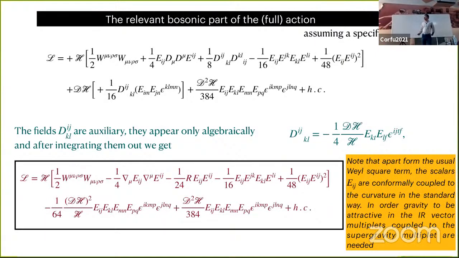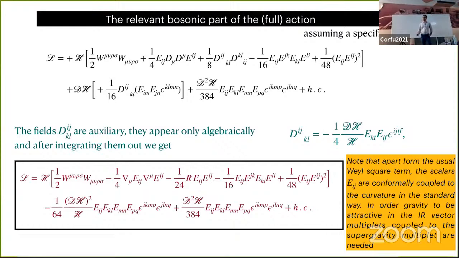Please also note another drawback of this theory: the Ricci scalar appears with the E field, which is conformally coupled, and the sign is wrong. The sign is minus, which means that in the infrared, in order for gravity to be attractive, we have to introduce vector multiplets coupled to supergravity.